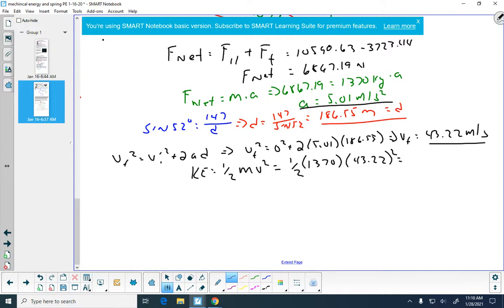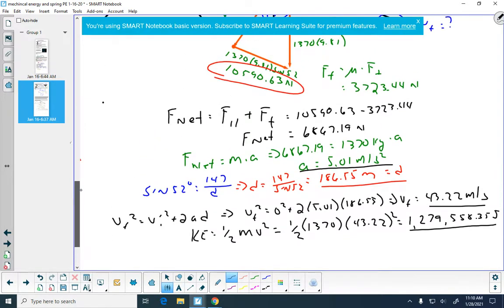Jordan, what do you come up with? And that's in joules. Now, once again, if you're off by a couple pennies here or a dollar or two, don't worry about it because it's just rounding.